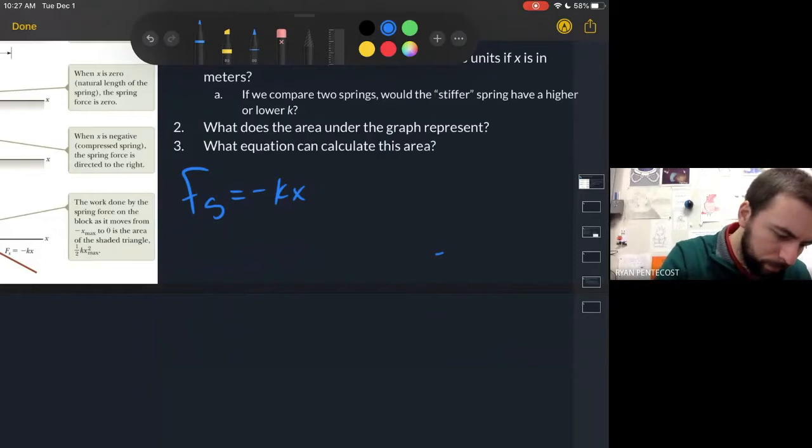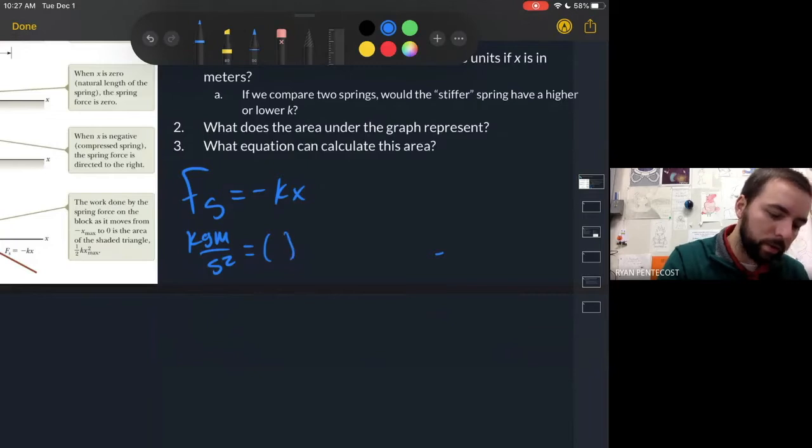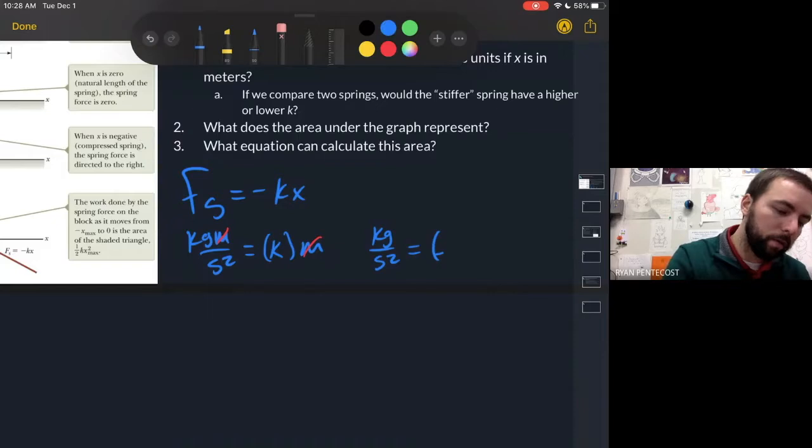Then we've got this K unit, and then we've got meters on this side, right? So we can divide out a meter, meaning that we will either have a kilogram per second squared as our unit for K, or you could just call it a Newton per meter.